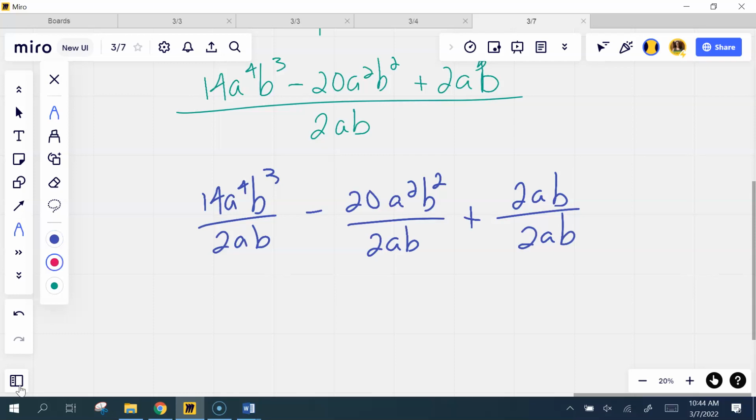All right, that first fraction. 7. B to the what? These are coming out nicely because I'm not ending up with anything in the denominator. I'm not ending up with negative exponents so far. 20 divided by 2? a, b.